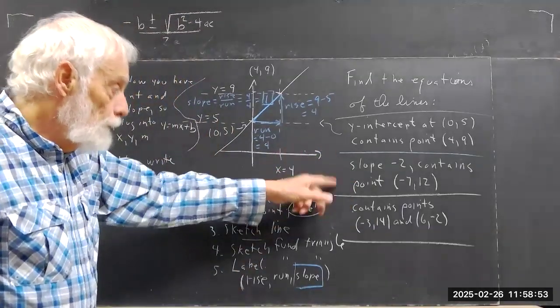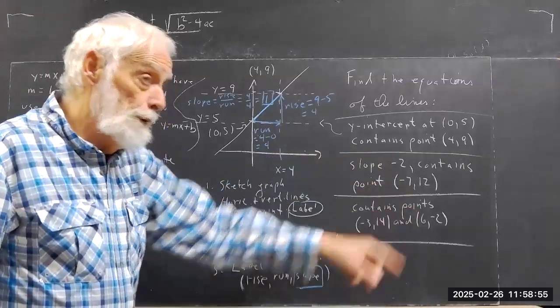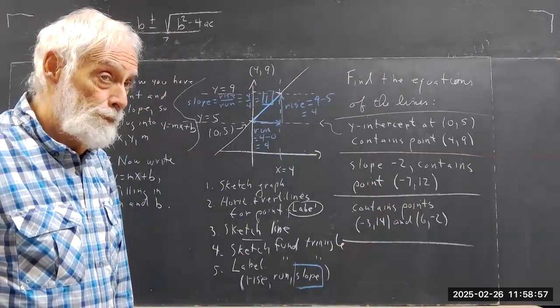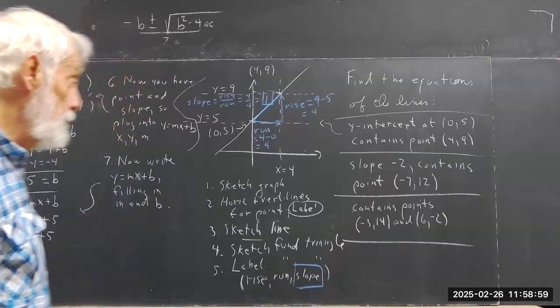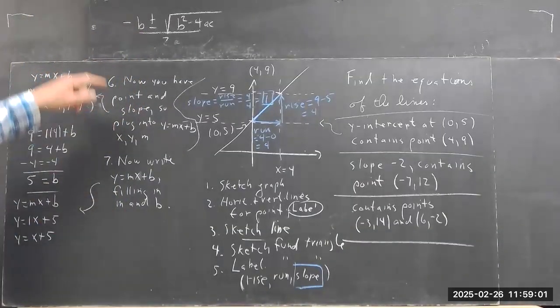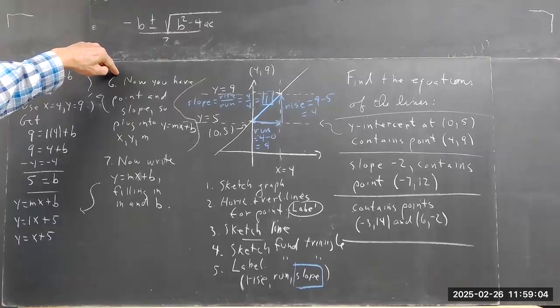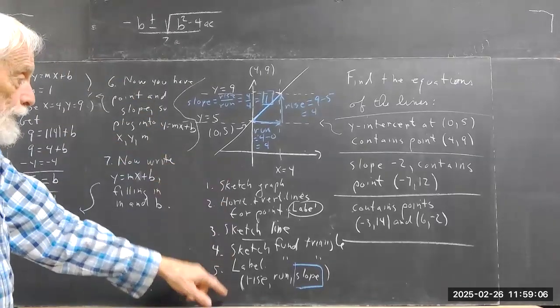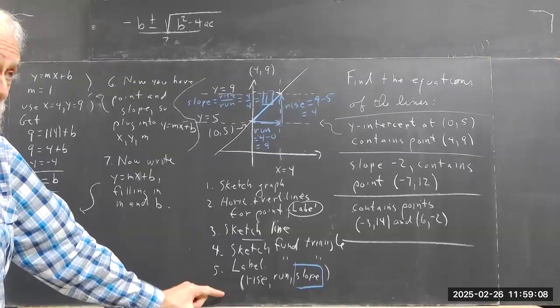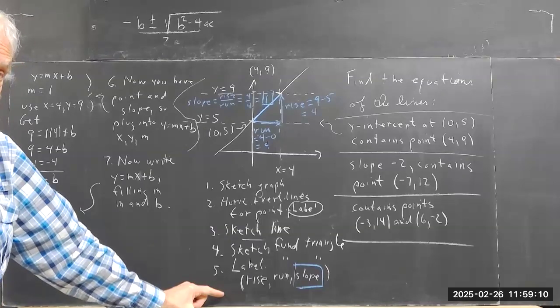For this problem, you're given the slope and a point. If you're given a slope and a point, you can cut right to here. You don't have to do any of this, although you should do the sketch and label things.